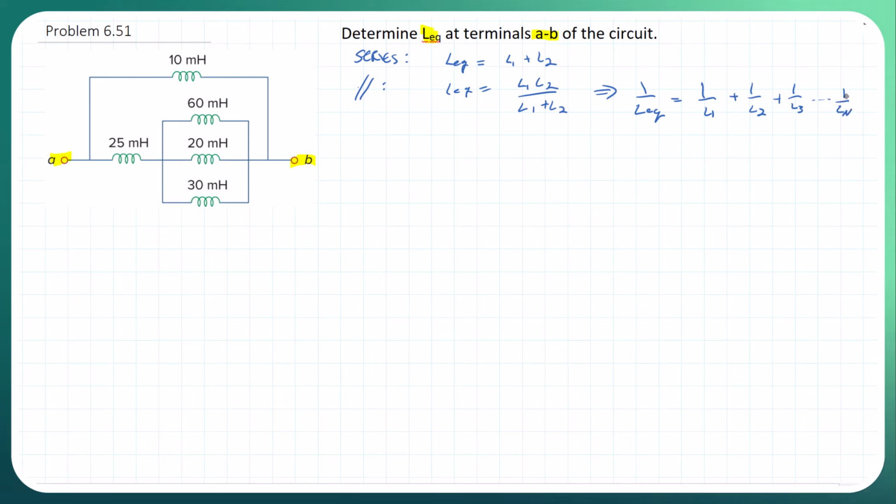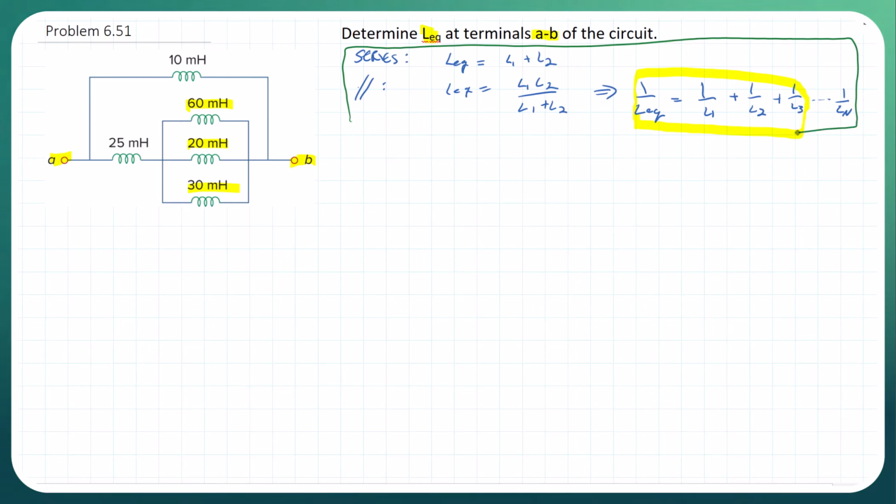In this case, we see that we have 1, 2, 3 inductors in parallel, so we can go ahead and use that second part of this equation to add those 3 inductors together. Okay, so again, the key here is to remember that we have these relationships when it comes to inductors, capacitors, as well as resistors.